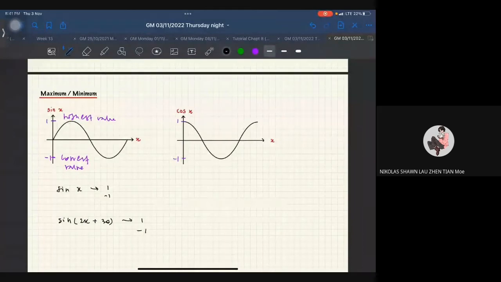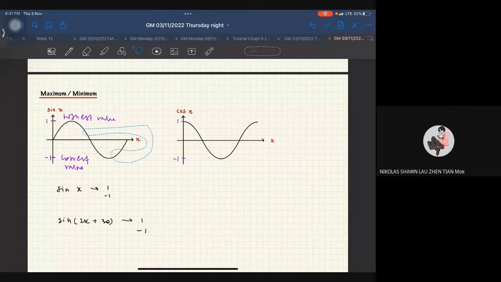Sebab apa? Sebab awak dah belajar, you already learned that the changes that goes into this angle, okay, so any perubahan, any changes that happens to this angle in the bracket, dia akan menggerakkan this function ke kiri dan ke kanan.